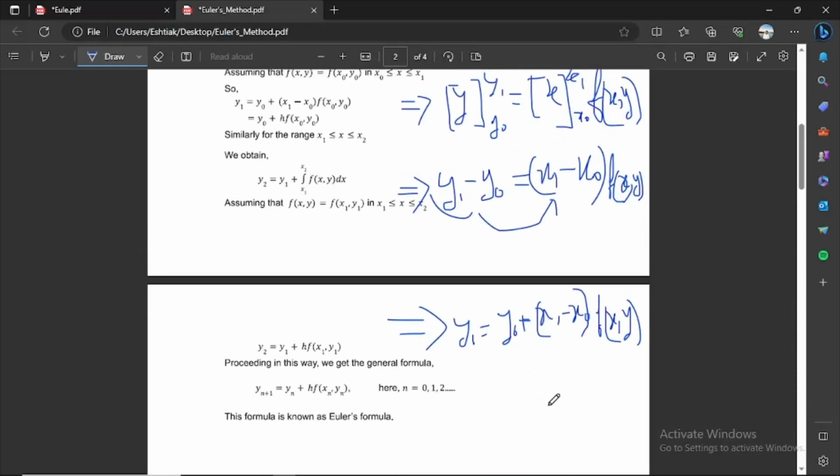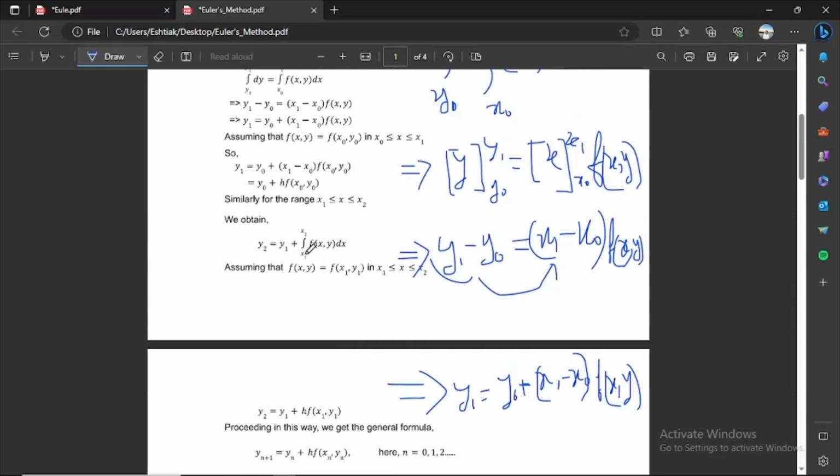Here at the initial condition, this function of xy is our differential form at any point of that function, which means it can be any point. In Euler's method, we write the tangent from our initial condition. That's why we can assume that the function of xy equals the function of x0, y0 of our initial condition.